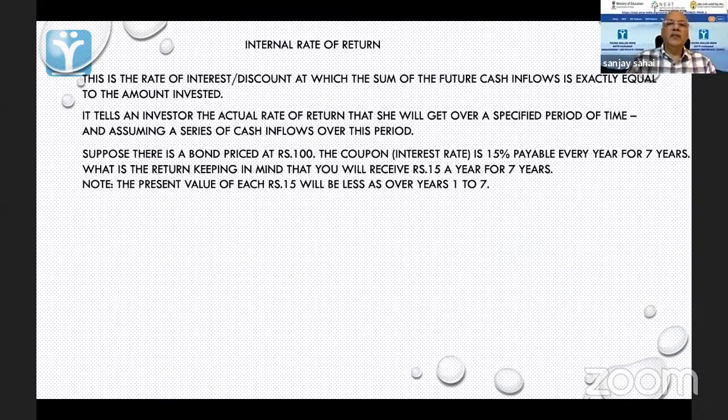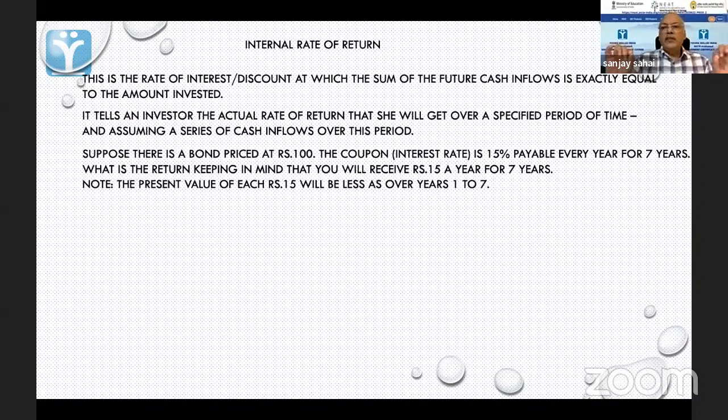It can be 5 years, 10 years, whatever, at a fixed rate of interest. So anybody investing in that bond will be getting that fixed rate of interest. That rate of interest that you get in the case of a bond is referred to as a coupon.